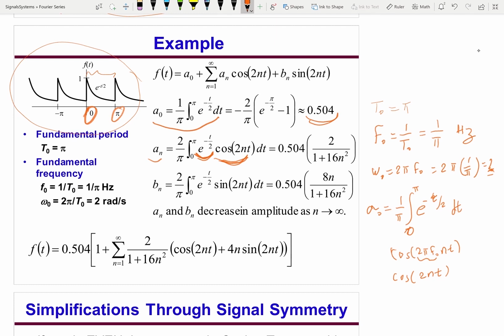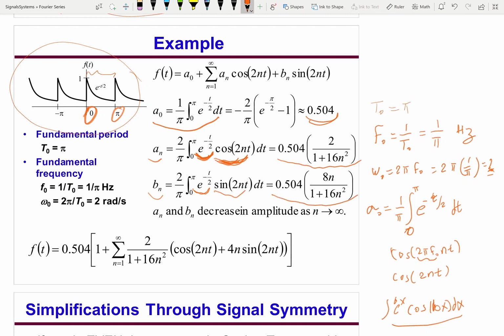I'm sure you already did that in calculus many, many times, so for this course, I encourage you to use the integration table. Same thing for bn: it's the signal e to the minus t over 2 times sine n omega 0, where omega 0 is 2, so that would be sine 2nt. Again, use the table integral, and that will be your bn.